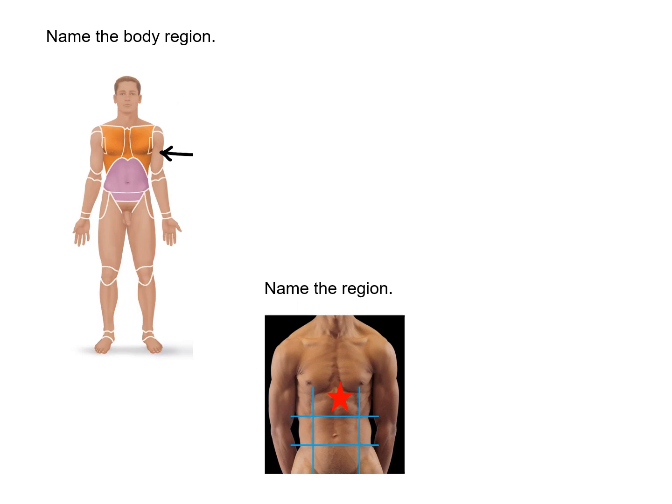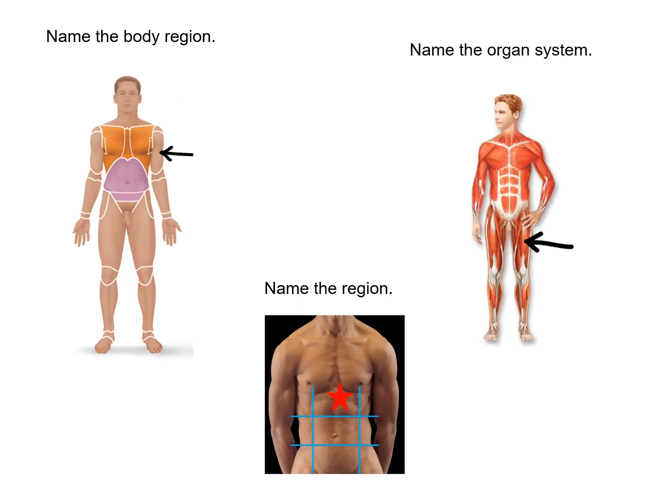Or an image like this, where you're given a star and you're asked again to name the region. Or name the organ system. And you have to be able to identify these regions or organ systems without the benefit of a word bank.